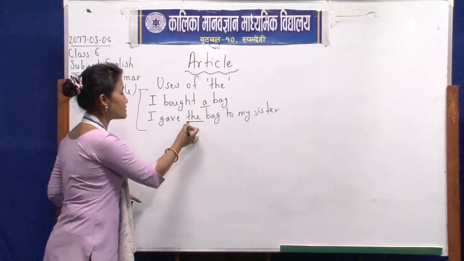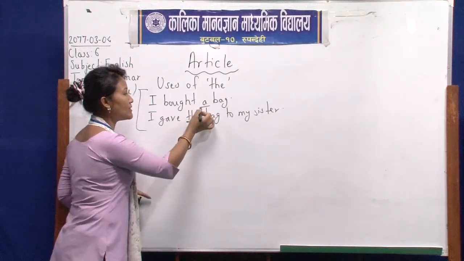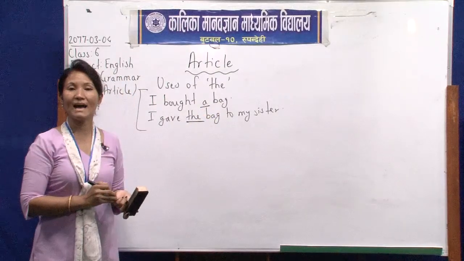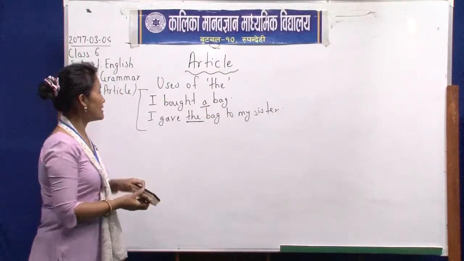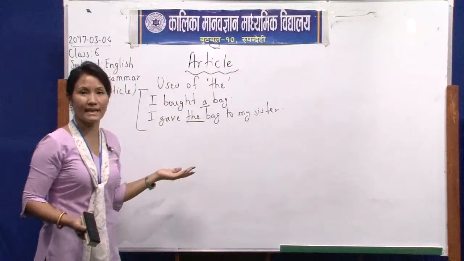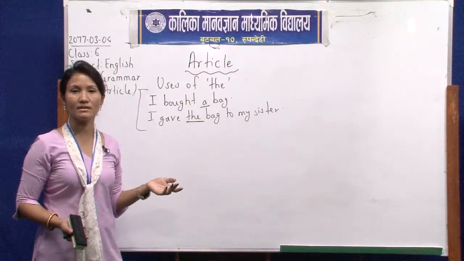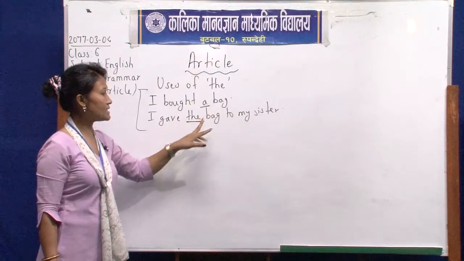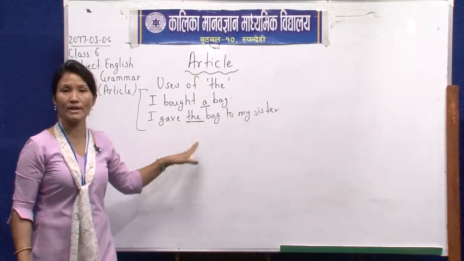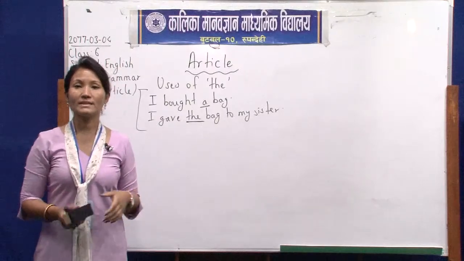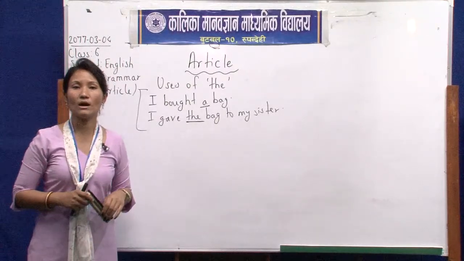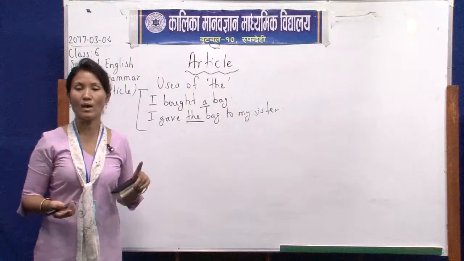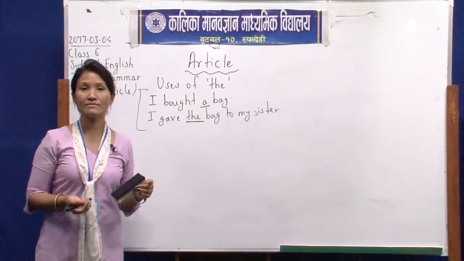In the second sentence we have written the, whereas in the first sentence we have written a. Why? Because bag is not mentioned earlier. So the is used in front of a noun which is repeated. One use of a, one use of the.